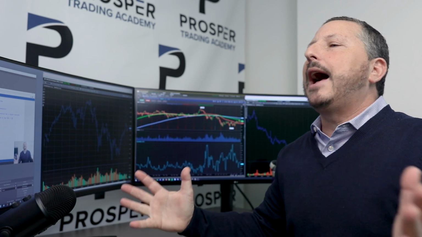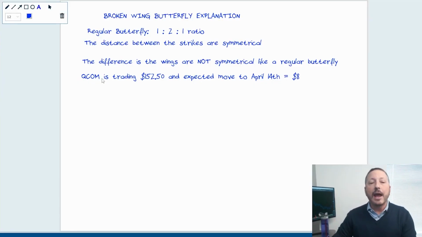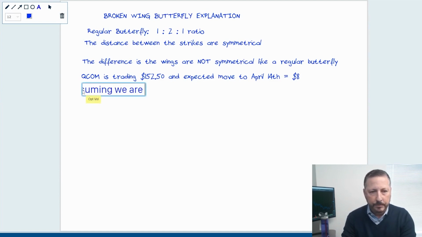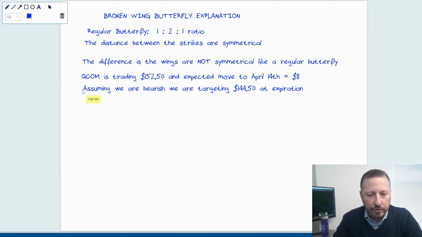Again, expected move does not tell us which direction a stock is going to move. It only tells us the size of the expected move with a 68% probability. So assuming that we are bearish, we are targeting 144.5 at expiration.